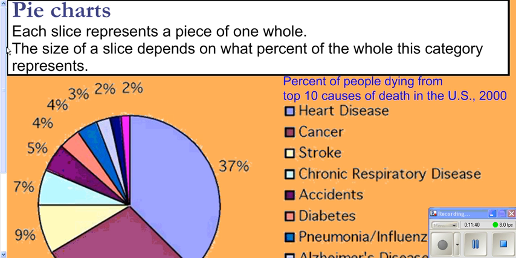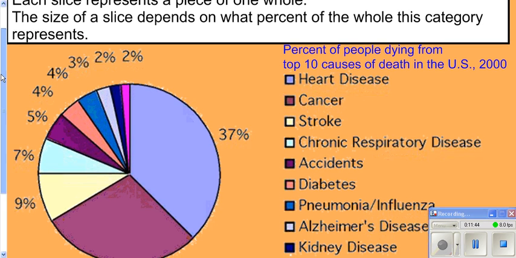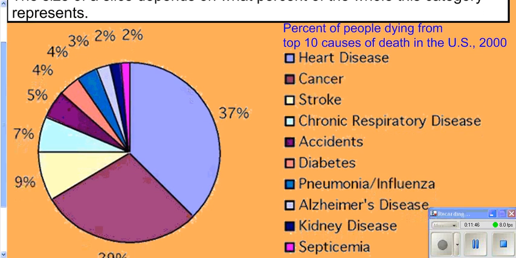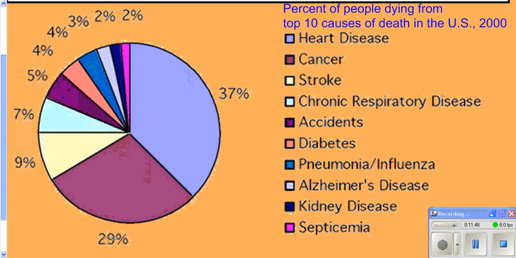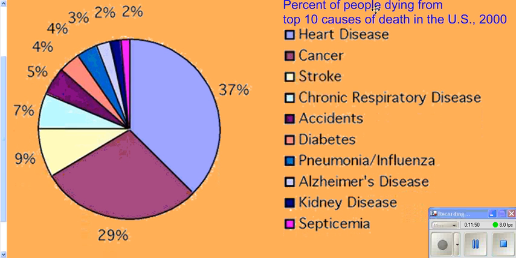Now, pie charts. We can also represent this with a pie chart. So each piece of the pie represents the percent that you're dealing with. Now here, once again, it's dealing with the top 10 causes of death. Typically with a pie chart you want to be dealing with percent of the whole, but since we specified of the top 10, we can go ahead and do that.